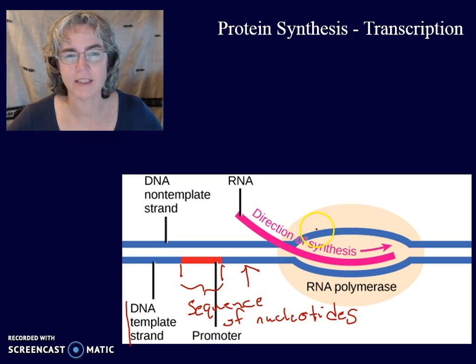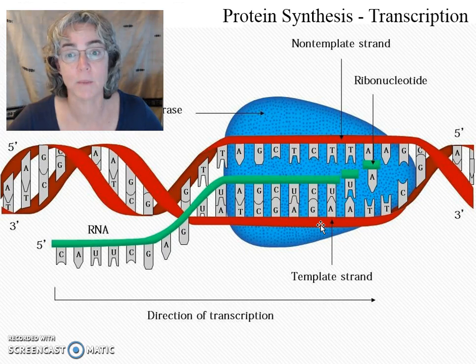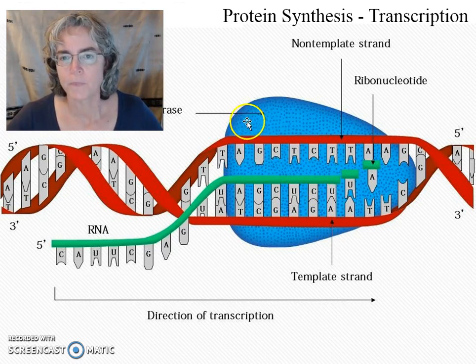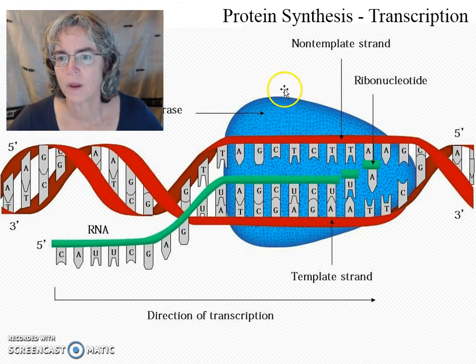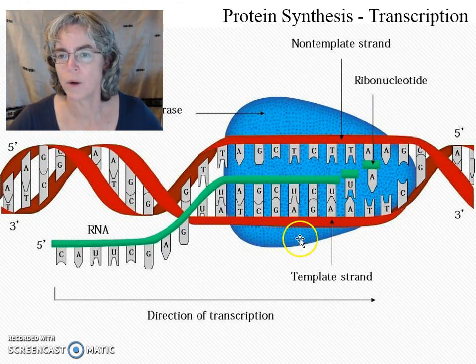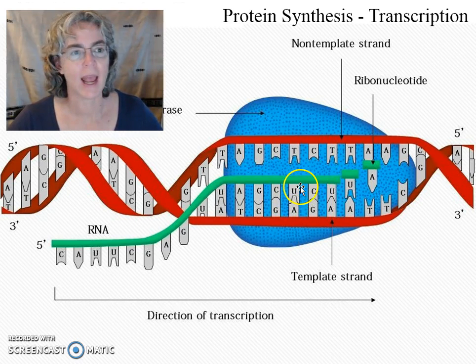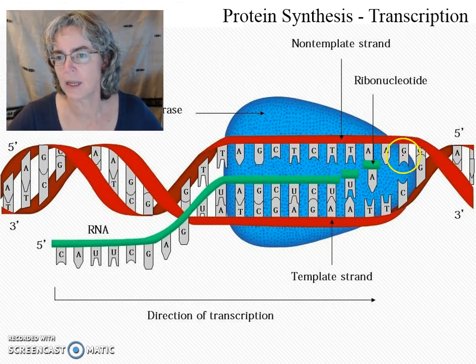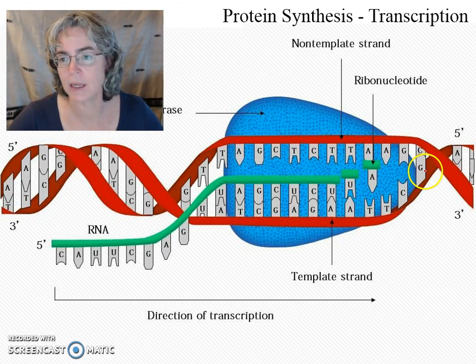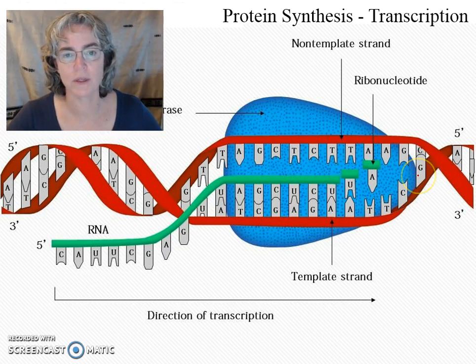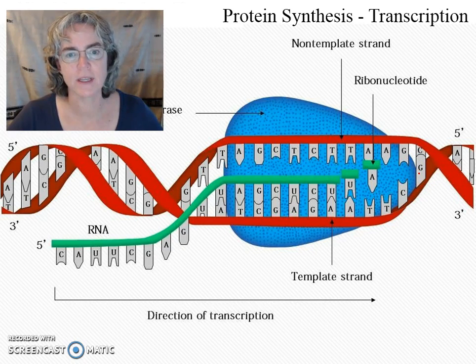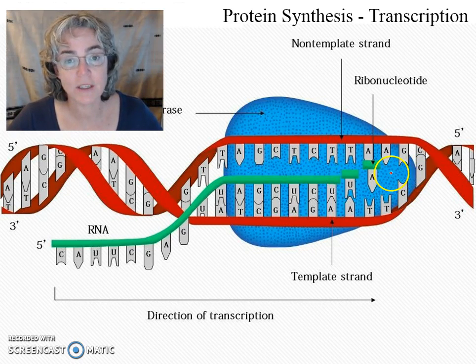Okay, and let's look at this in even a little bit more detail. Here is our RNA polymerase, and it is unzipping the DNA molecule. This is a little bit different than when we were looking at DNA replication.